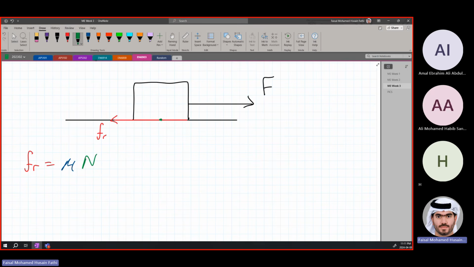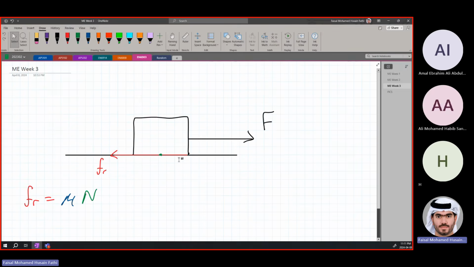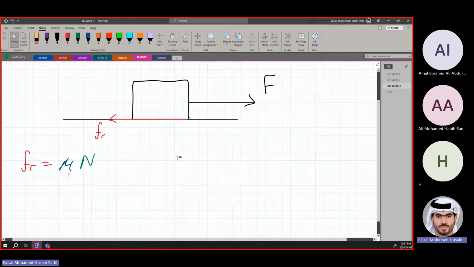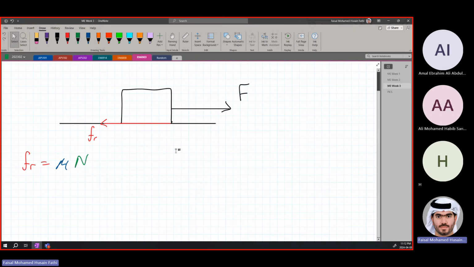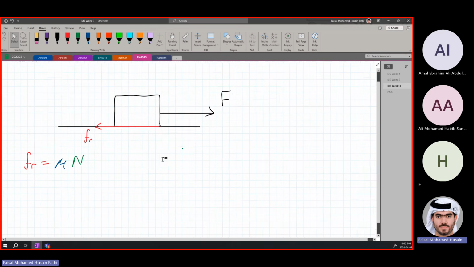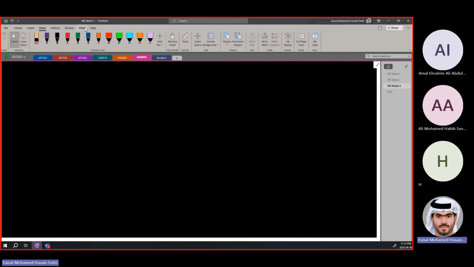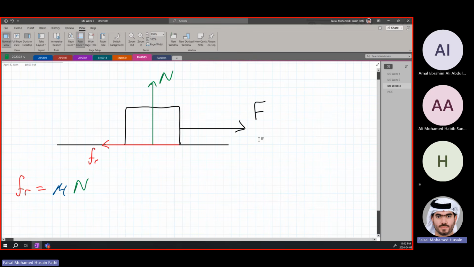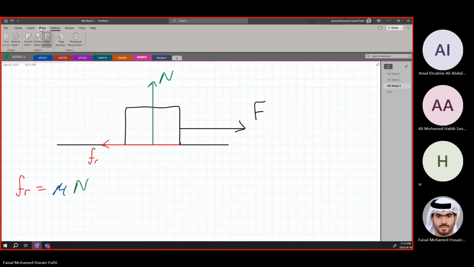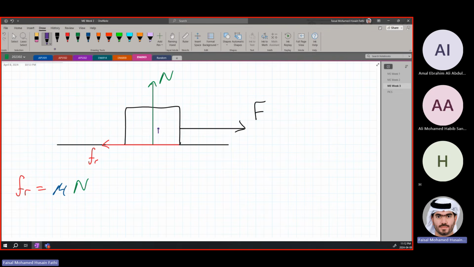N is the normal force, the reaction force between the flat surface and the box, and then we also have the weight, which is usually W, mg, going downwards from the center, which is equal to mass times gravity.